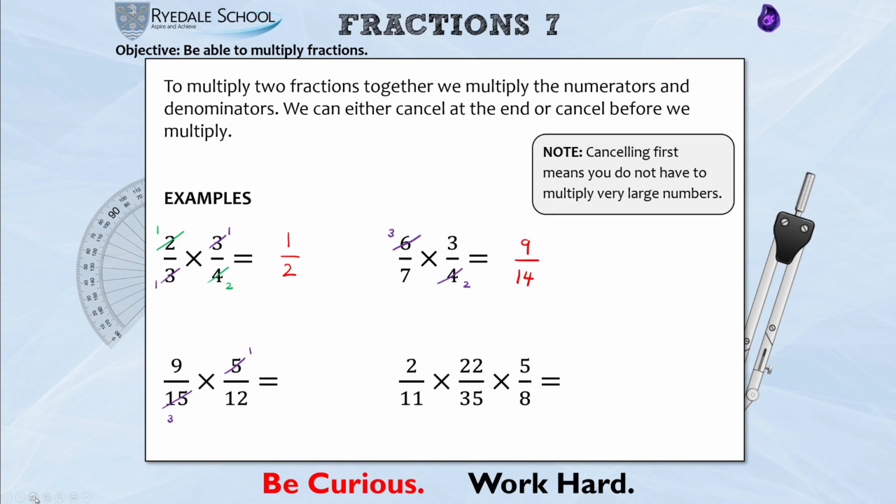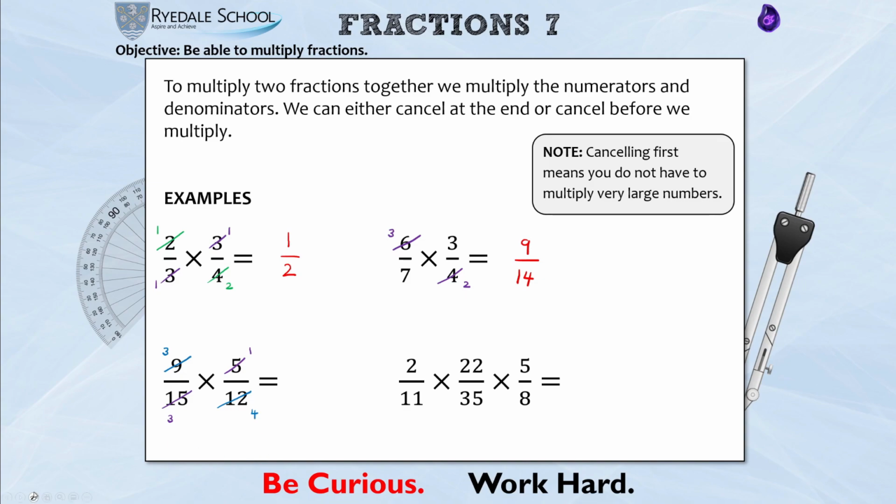Now at this stage there's a little bit of cancelling that I could do, and you might spot different cancelling. As long as you're cancelling a top with a bottom, it doesn't matter which one you do. So you might say, 9 with 3. I'm going to do the 9 with 12. They are both in the 3 times table. So I'm going to swap that one with a 3. 3 3s, and this one is 4 3s.